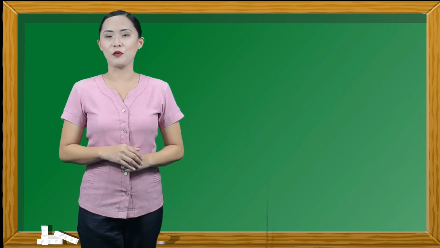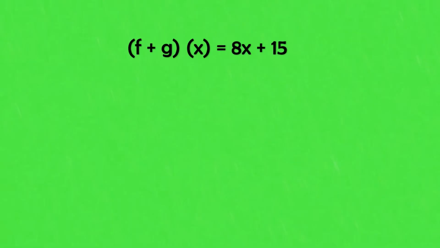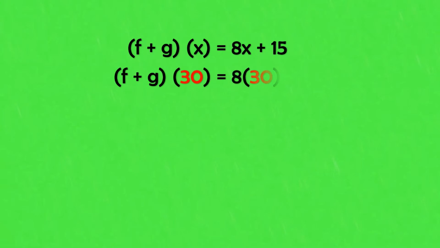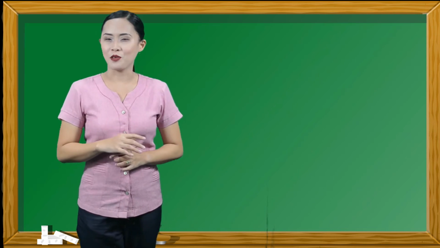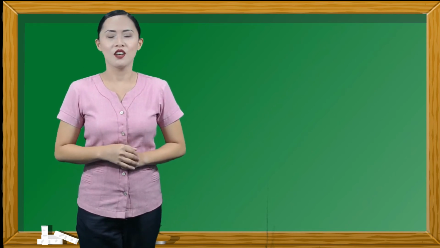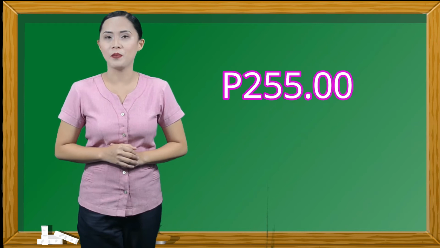We solve for their combined savings, so we have f plus g of 30 equals 8 times 30 plus 15. So we have 240 plus 15 equals 255. Therefore, their combined savings is 255 pesos.